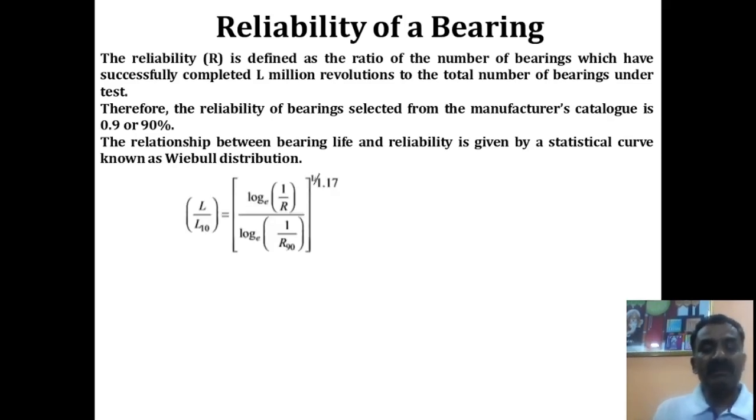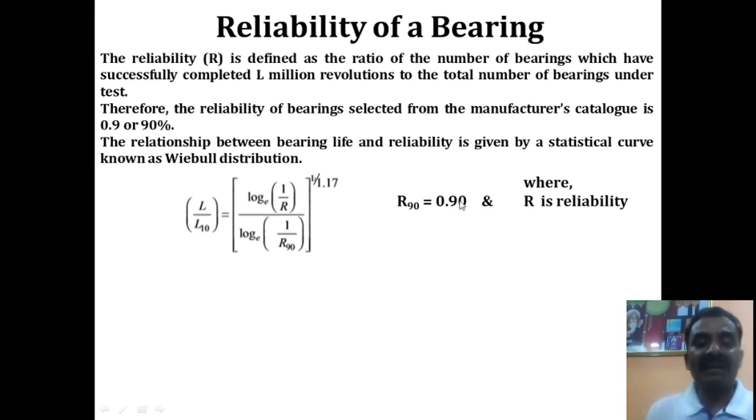According to that Weibull distribution curve, the relation is given by L upon L10 is equal to log to the base e 1 upon R divided by log to the base e 1 upon R90, raised to 1 upon 1.17, where R90 is for the 90% reliability, that is 0.9, and R is the particular reliability for which you want to calculate the life.